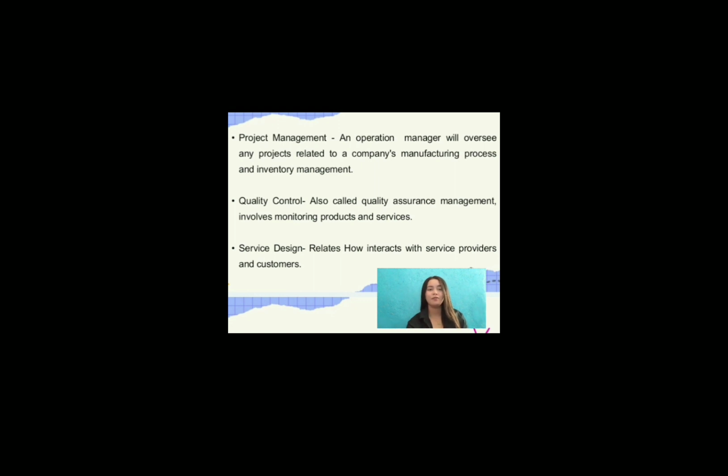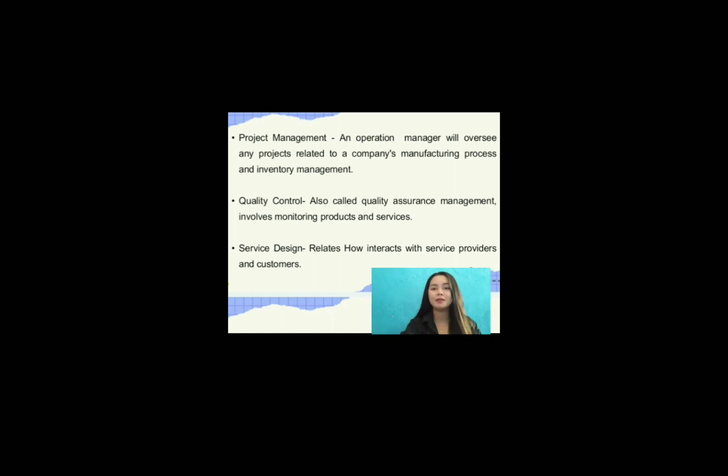For example, a project manager will be tasked with leading a team to develop a software product, and they begin by identifying the scope of the project.